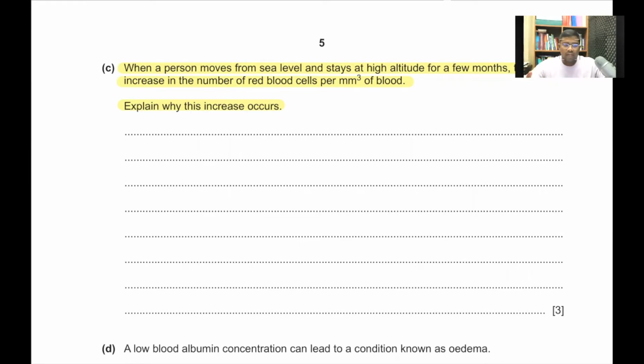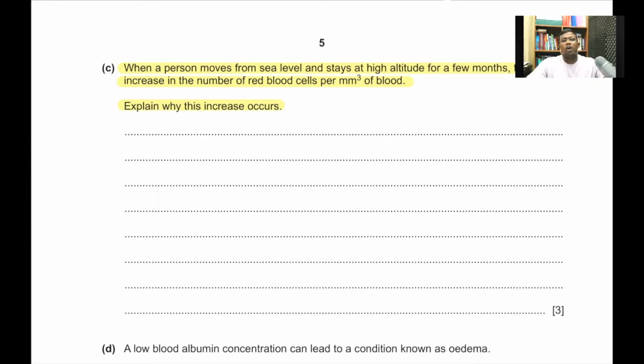So because of that, the body will try to adjust to it. In the beginning, the body is going to feel lethargic, and then the low amount of oxygen in the blood is going to trigger a hormone released from the kidney, known as erythropoietin.